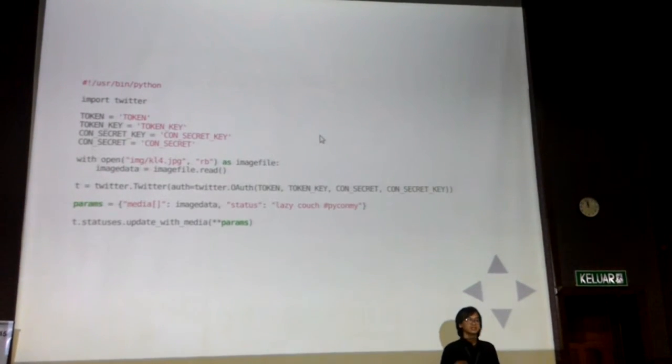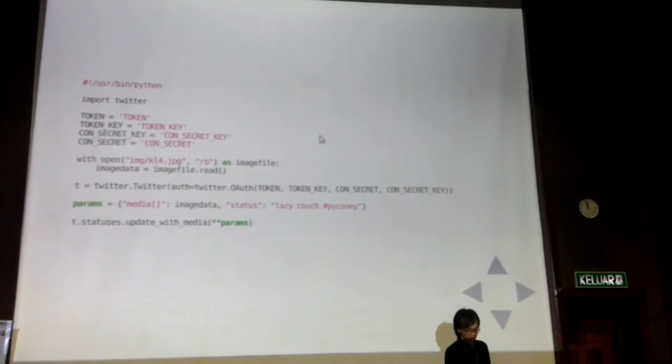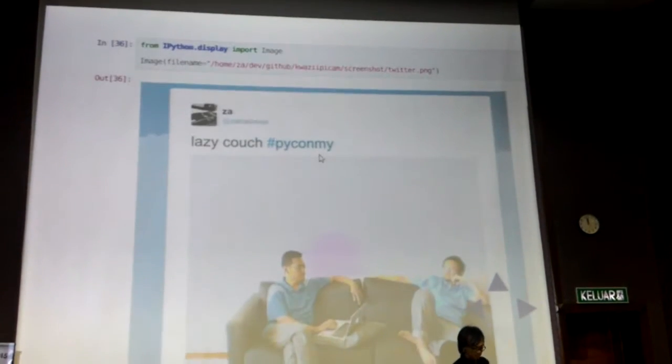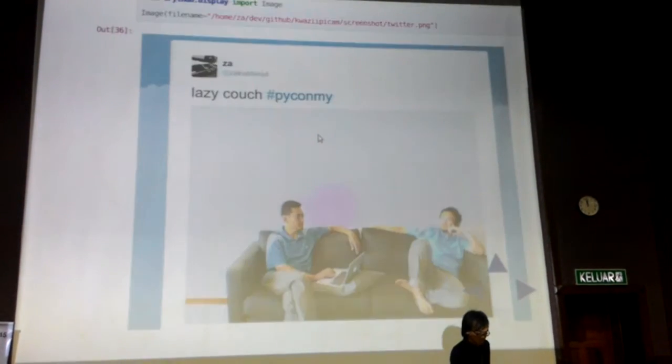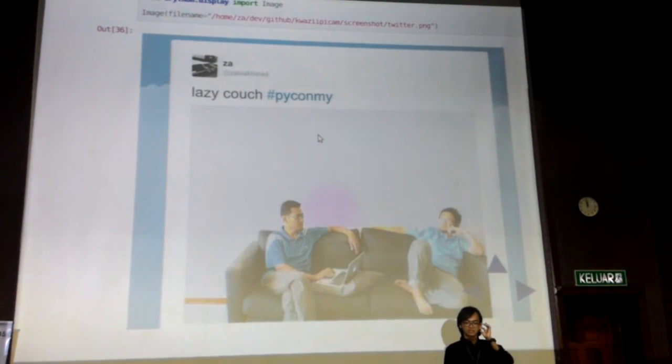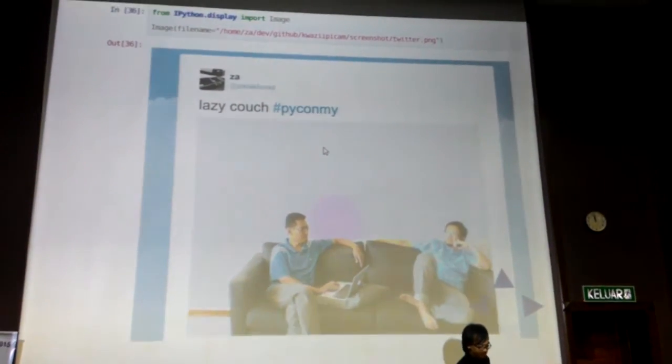And if you want more pictures, you just put more cameras and more Raspberry Pis on it. So yeah, this is the example that I managed to post a tweet to the Twitter account.